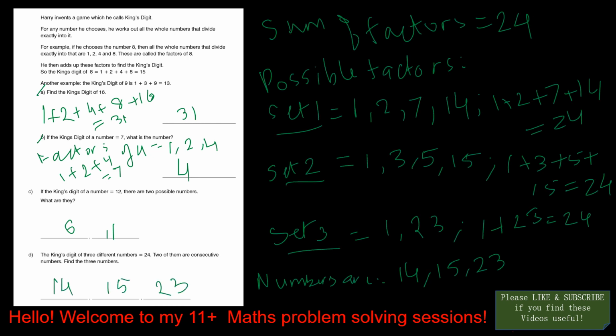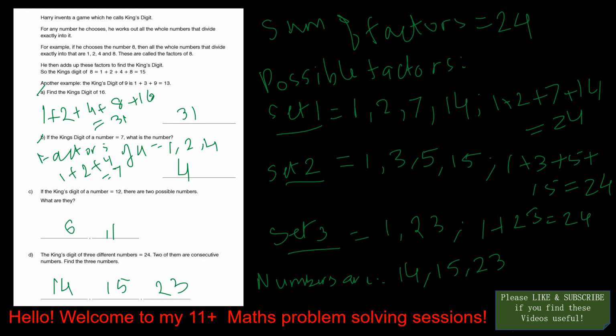So I have again done it this way. The sum of the factors is 24. So the possible factors are, so the set 1 I've put in as the number, I think, is 14. So what I was doing is I was just writing out these numbers and trying to add them up. So writing out the numbers as factors of, after 11, if you do factors of 12 and 13 and 14, you will get to this, because you've done up to 11, isn't it?